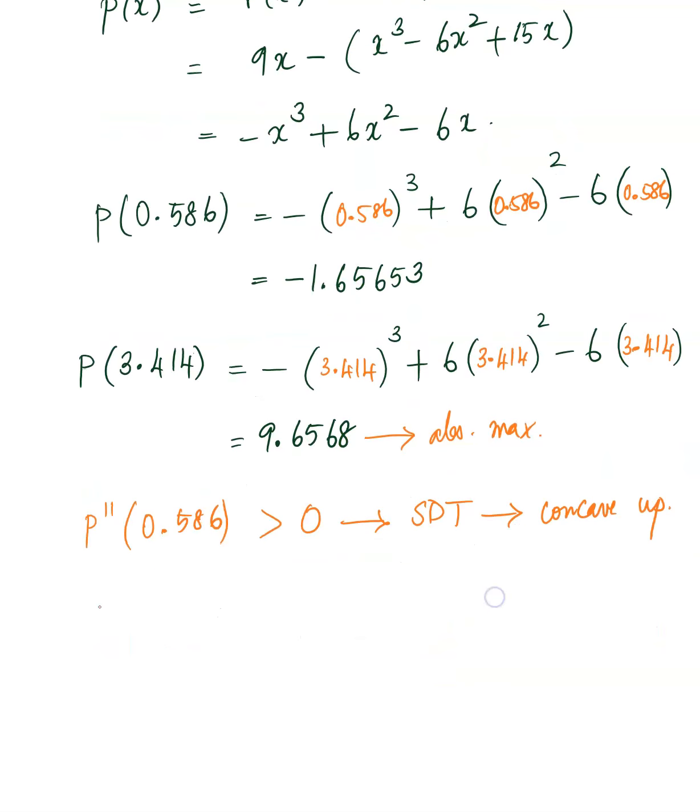And the second derivative at 3.414 gave us concave down. So we have all these things that help us to line up. We know that the maximum profit is given by this value here, and the maximum profit occurs at 3.414.